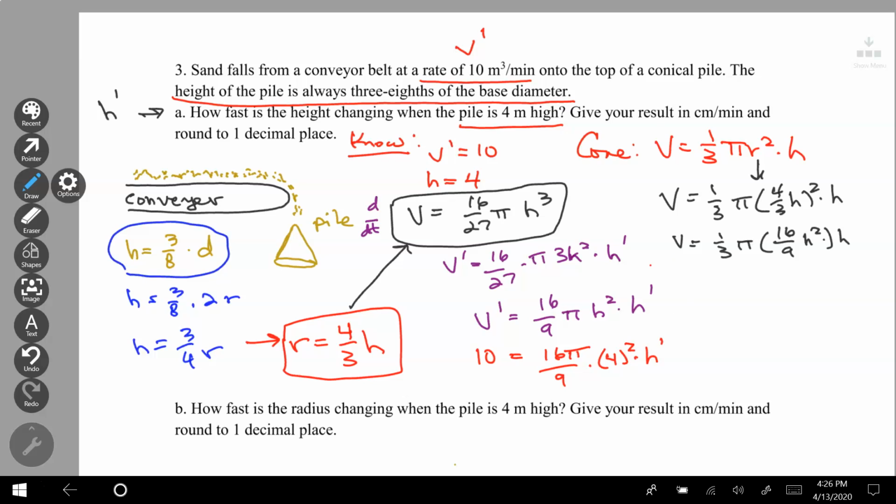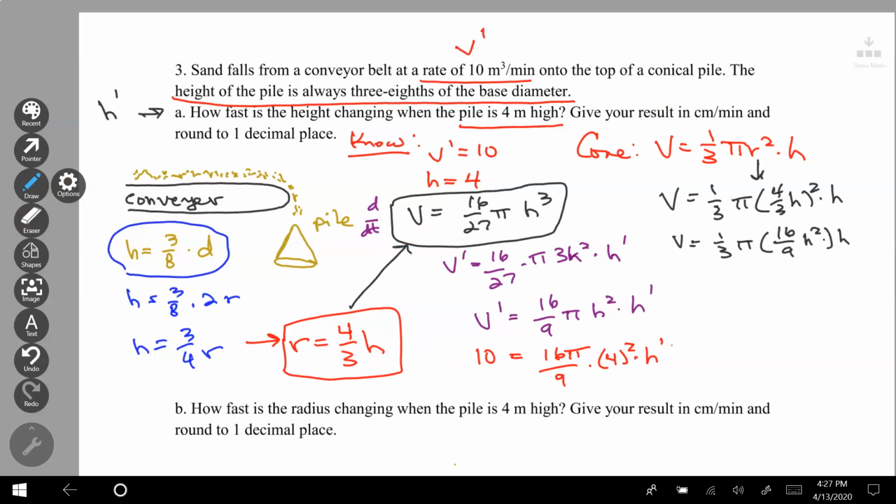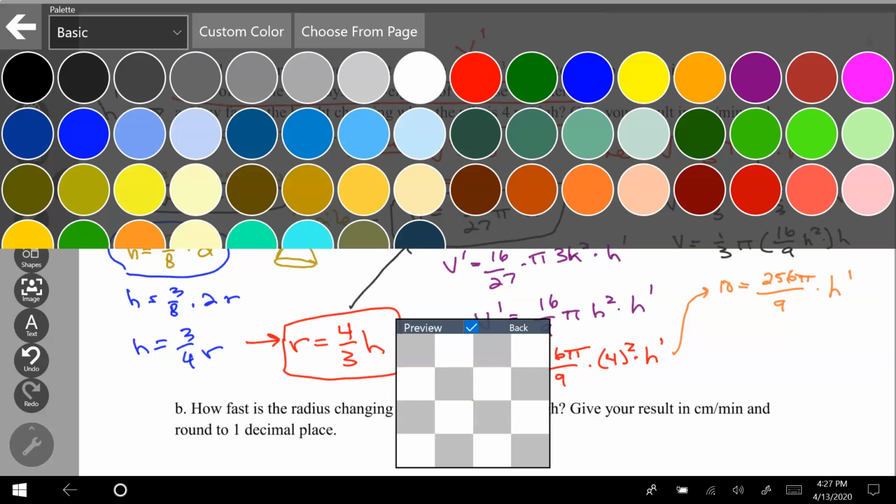This is a little bit jumbled up together, but let me change colors, make it orange. I get 10 equals 256 pi over 9 times h prime. And how do I get rid of this fraction in front? I multiply by its reciprocal.